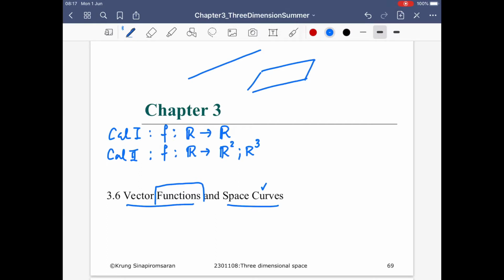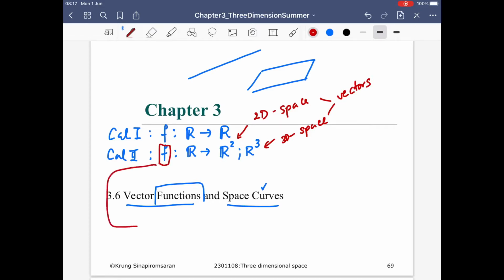R2 is a two-dimensional space, and R3 is a three-dimensional space, which is the space containing vectors. This means that right now, instead of using f, usually we use r(t).